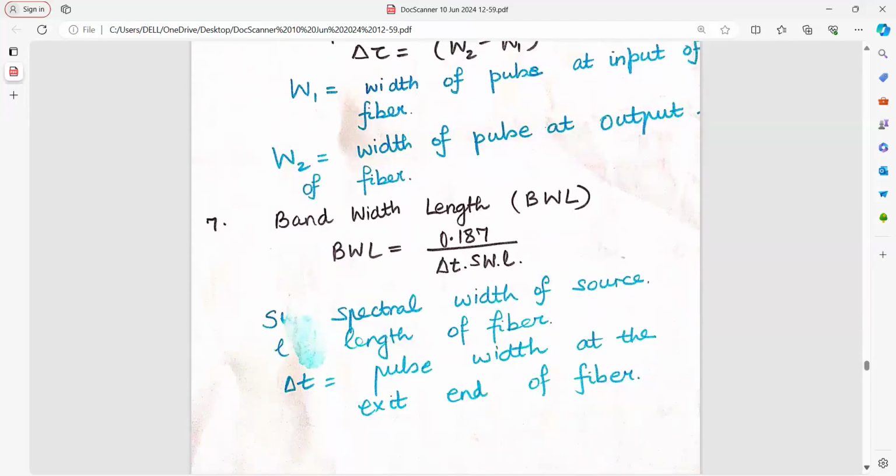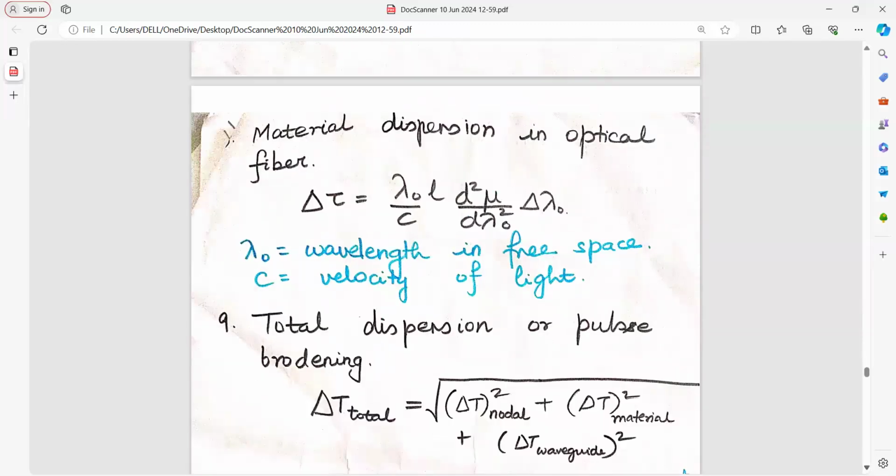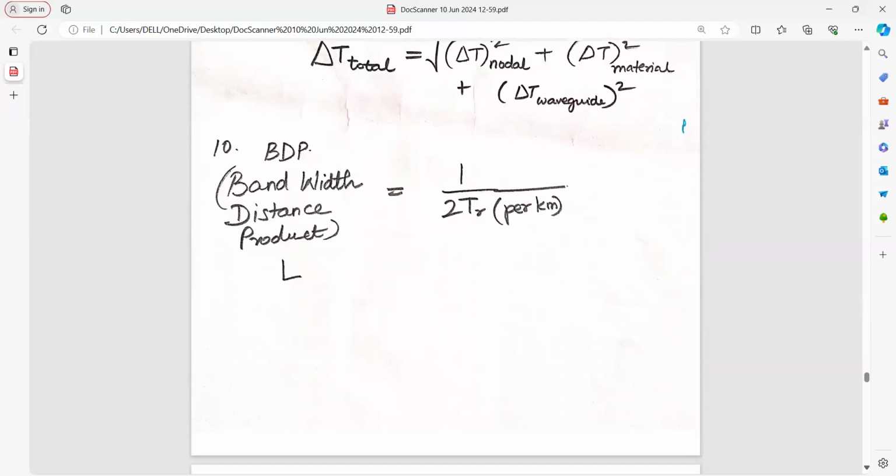Bandwidth length is 0.187 upon del T into spectral width of source. Material dispersion in optical fiber, lambda naught into wavelength in free space, C velocity of light. Total dispersion is equal to modal, material and waveguide. And bandwidth distance is equal to 1 upon total dispersion.